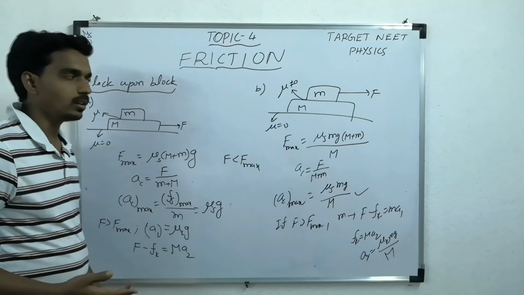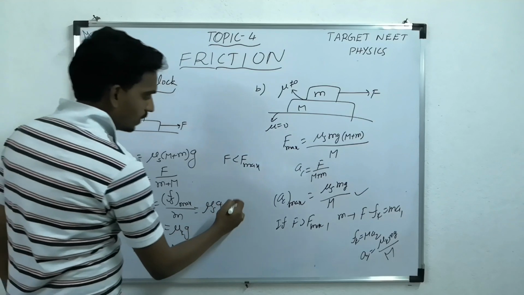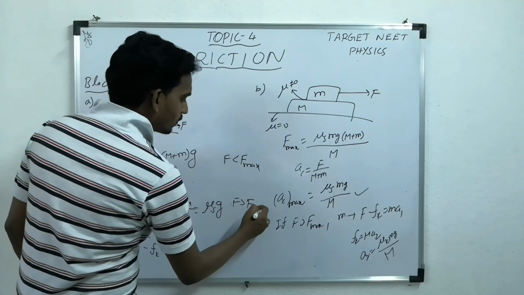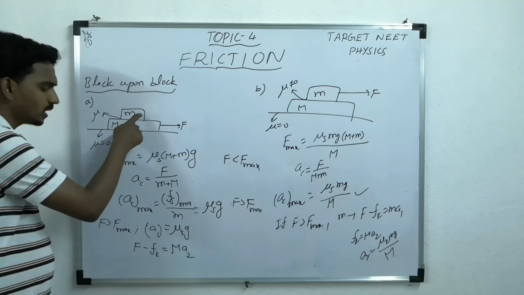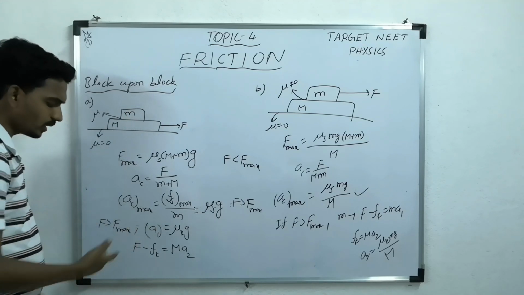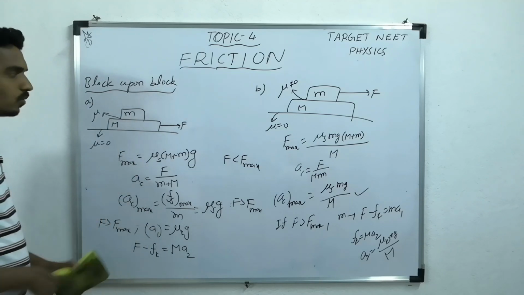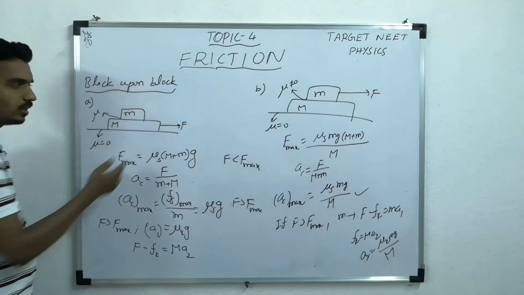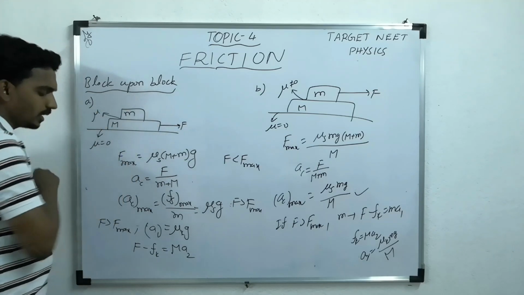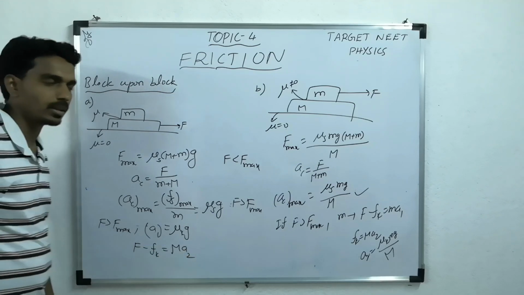Then comes the individual acceleration. When is it possible? When the external force is greater than F maximum, then they move independently. Now this one is moving because of friction, and the friction that acts is kinetic friction, so its acceleration is force by mass, that is mu k g. For the other block, with external force F and friction Fk, the equation is F minus Fk equals m a2.